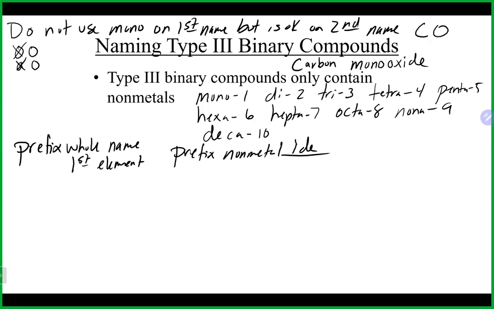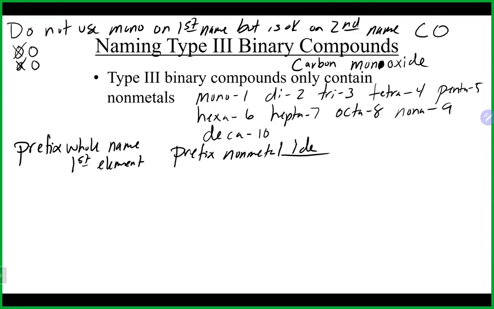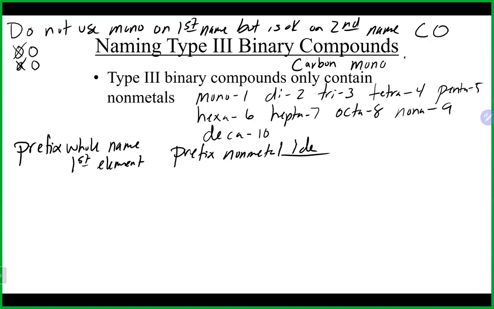We should get rid of that first O, and this really should be called carbon monoxide, with just the one O that's present. So we would get rid of that O off of the prefix and squeeze it together, and it then should be called carbon monoxide.